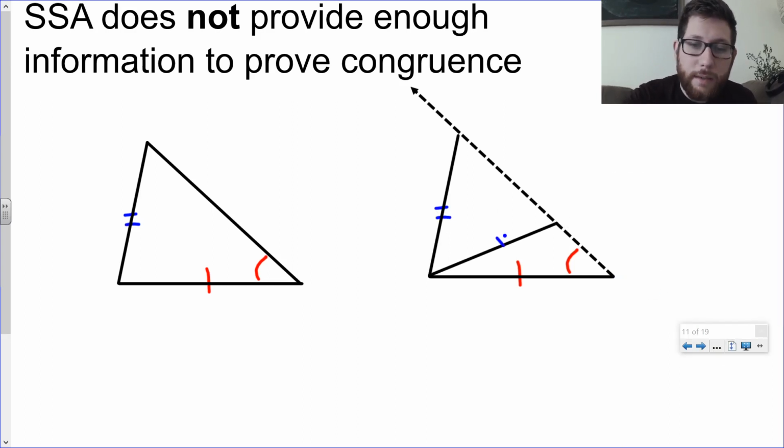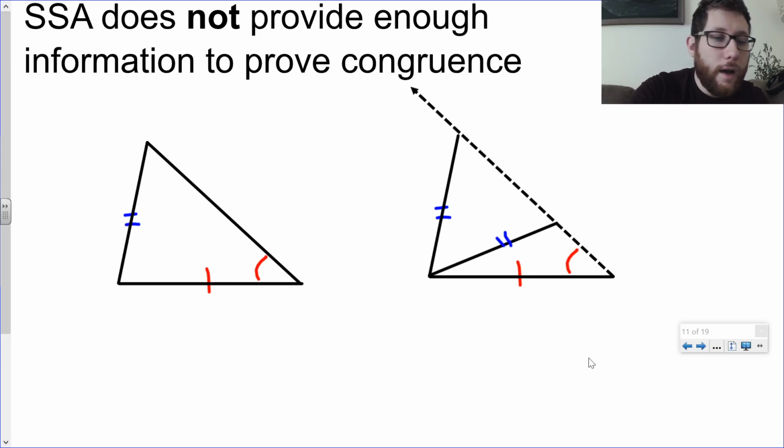I end up with the same length, but in a different location. Something like that. So notice I could actually make 2 different triangles with an angle, a side, and a side. So side-side angle does not give us enough information for congruence, because I could actually come up with 2 different looking triangles with side-side angle.